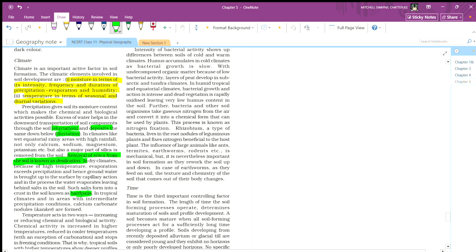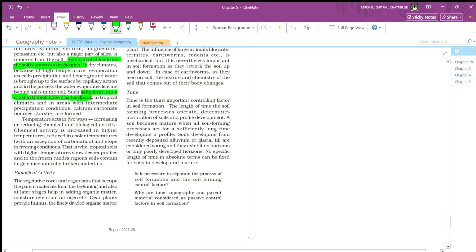In tropical climates and areas with intermediate precipitation conditions, calcium carbonate nodules like kankar are formed.